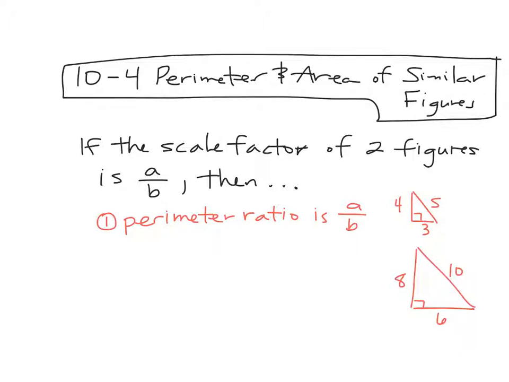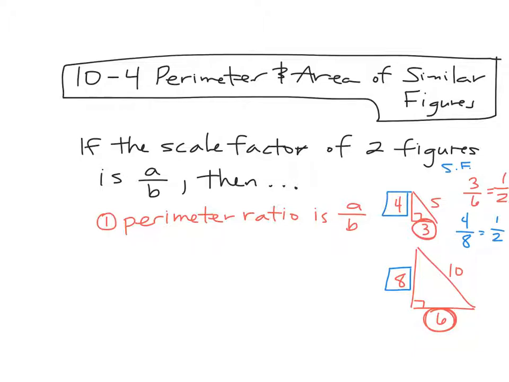So you pick corresponding sides. So 3 over 6, or 1 to 2 if you reduce it. Or you could have picked two different sides, 4 over 8, which is 1 to 2. So this is a scale factor, 3 to 6, 1 to 2, okay?